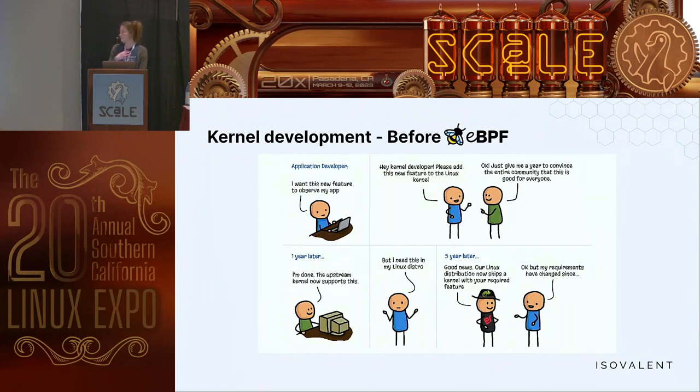Now, as an application developer, I should convince my users to upgrade to the latest Linux kernel, which, depending on the users, can take years. After, I don't know, 5 years, they upgraded to the latest Linux kernel, and then it's fine. But the problem here is that nobody has 5 years, and probably my requirements have changed since then.